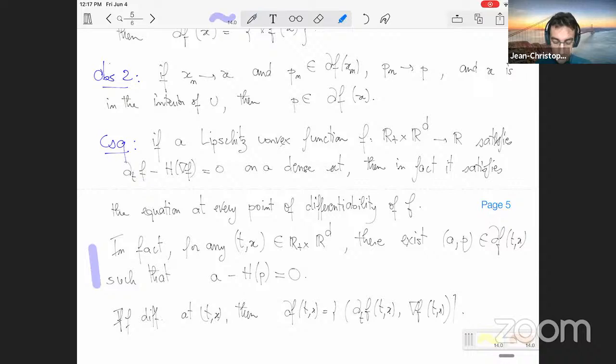By this fact, we get that the equation is satisfied at every point of differentiability of f. Because we know there exists a good guy in the subdifferential, but there's only one good guy, and it's this guy. Does that make sense? I hope I did not lose you.